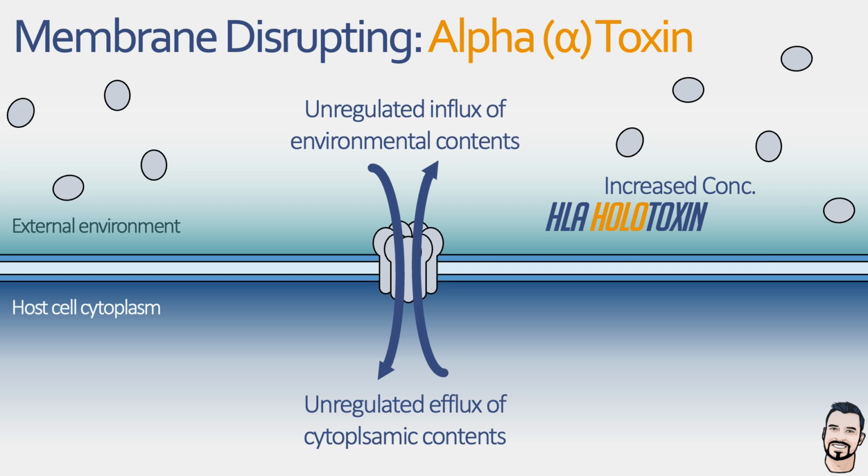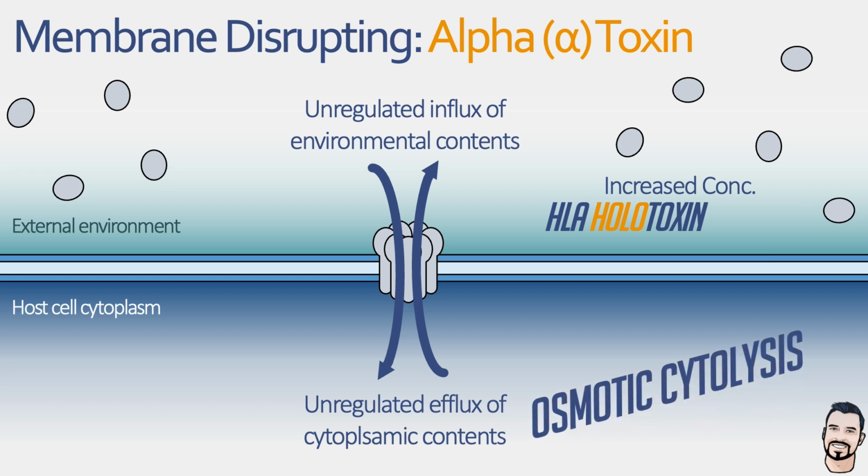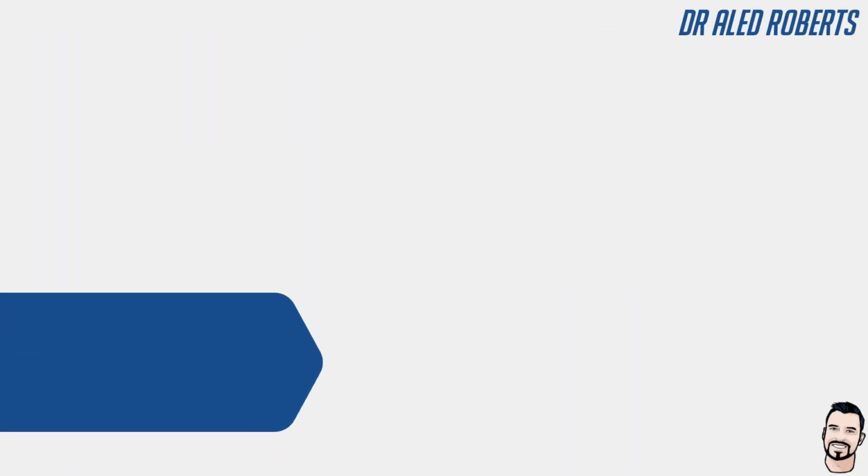Because this influx is unregulated, the cells are unable to dispose of the excess water, and so they burst due to the increased osmotic pressure, leading to osmotic cytolysis. And that is essentially how the Staphylococcus aureus alpha toxin causes the lysis of targeted cells, making it a great example of a membrane disrupting exotoxin.